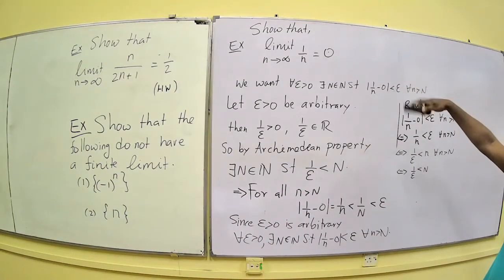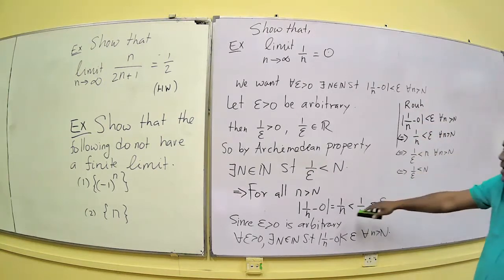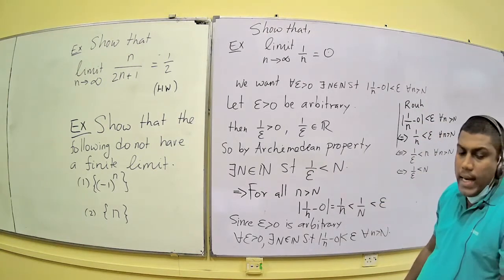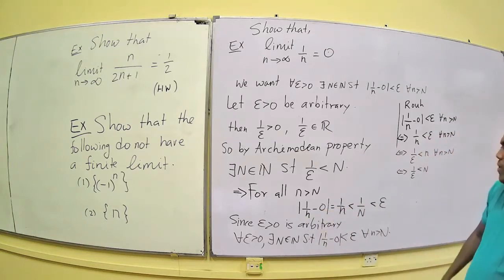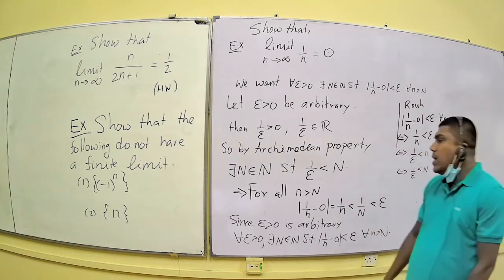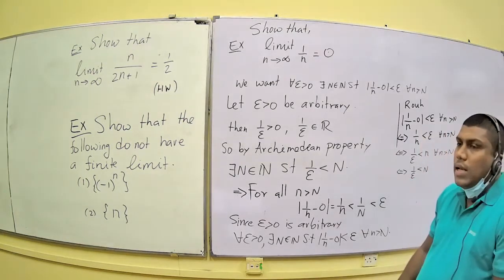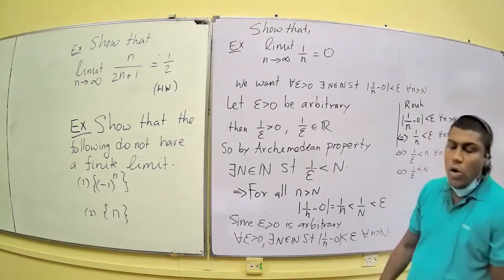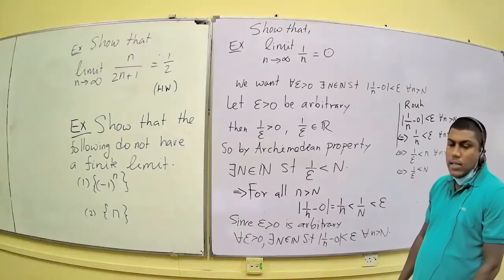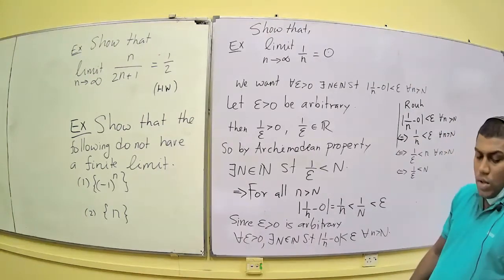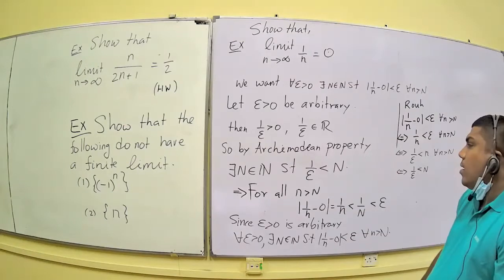So this idea of defining the limit is basically for the finite limit, right? This: for every epsilon positive there exists N a natural number such that the absolute value of xn minus L is less than epsilon for all n greater than N is basically the definition for the finite limit, right?